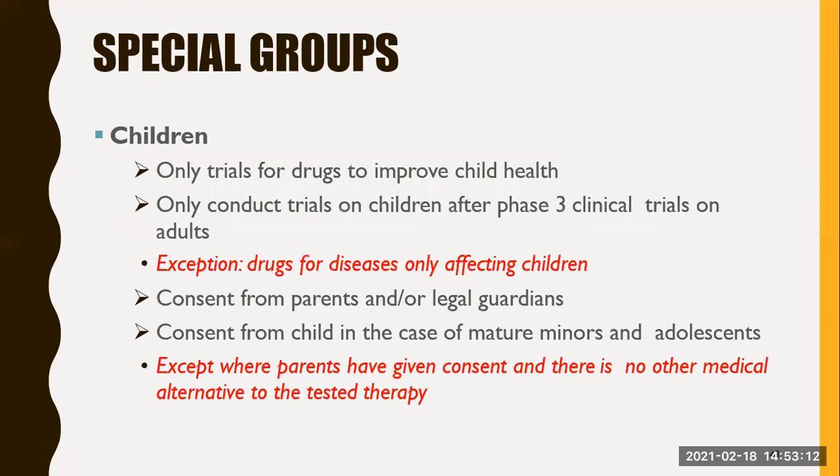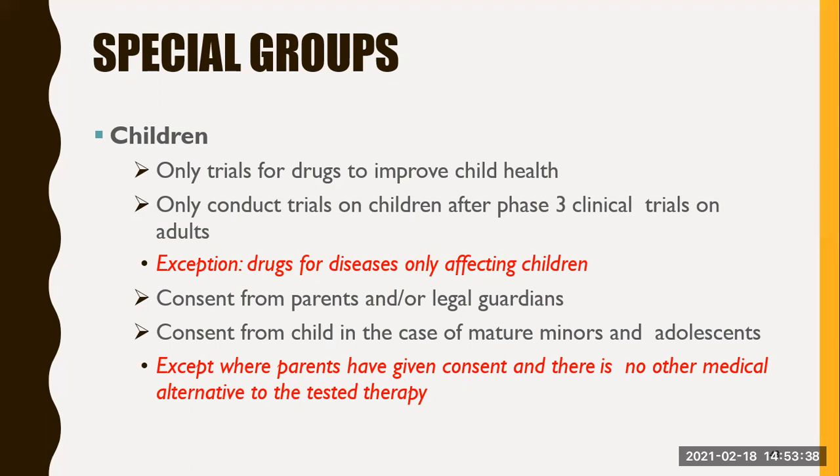The next special group is children. They are to be used only for trials of drugs to improve child health. For drugs to be used in adults, we don't have to recruit children. Only conduct trials on children after phase 3 clinical trials on adults.